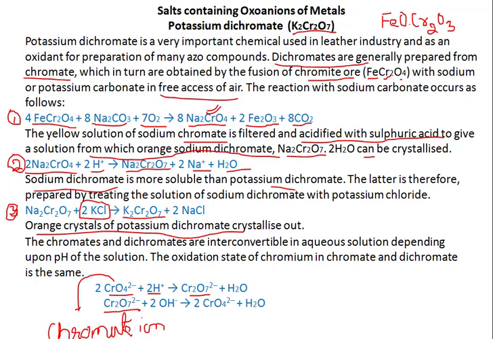The oxidation state in both is +6; the oxidation state of chromium remains the same. When chromate ion is acidified, it results in dichromate ion formation, and when dichromate ion is treated with a base, any alkali, it gives back chromate ion. Again, this is important: a change in pH can change which of the two ions is formed.